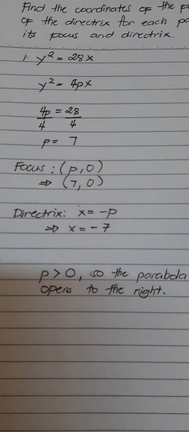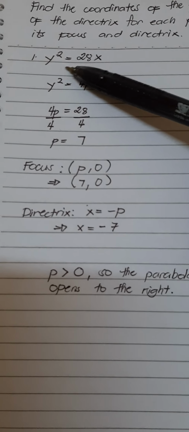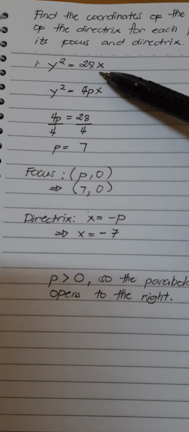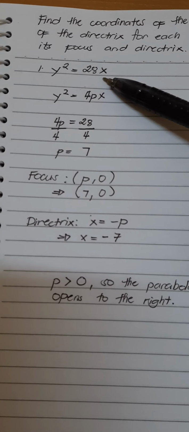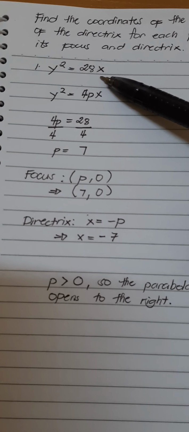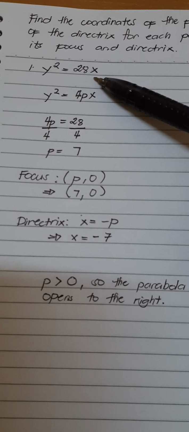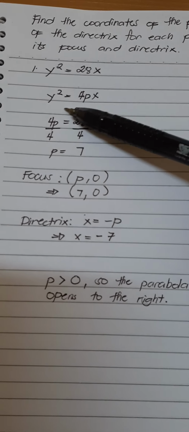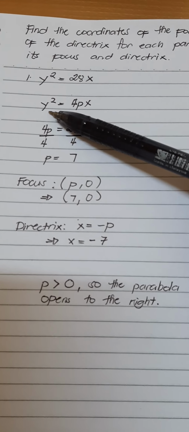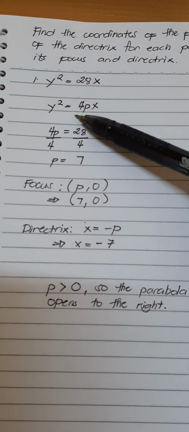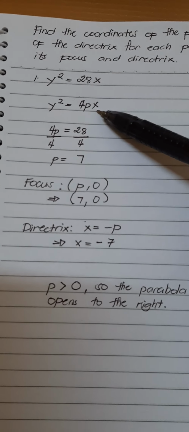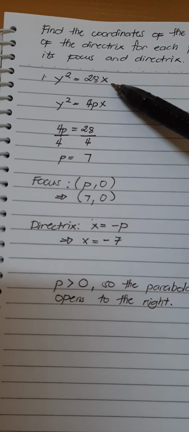So in here we have y squared that is equal to 28x. It follows that the parabola has horizontal axis of symmetry. Therefore, the equation should be y squared is equal to 4px. This is the standard equation of this parabola.